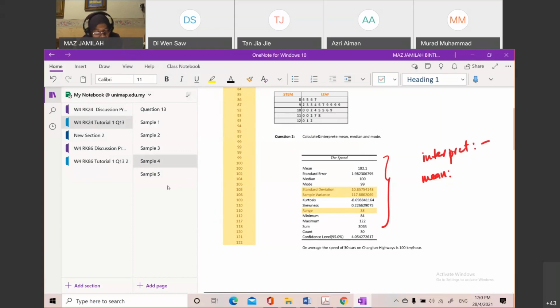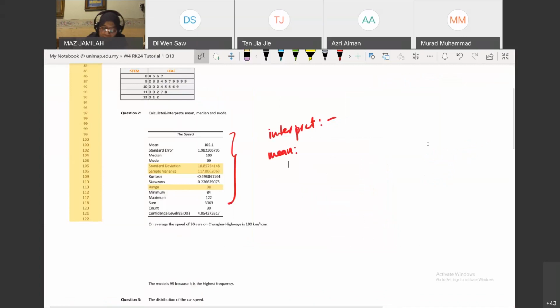Class? Speed of car. Yes, the speed of car. And how many of them? It's 30 cars that we collected. So how do we interpret the mean?